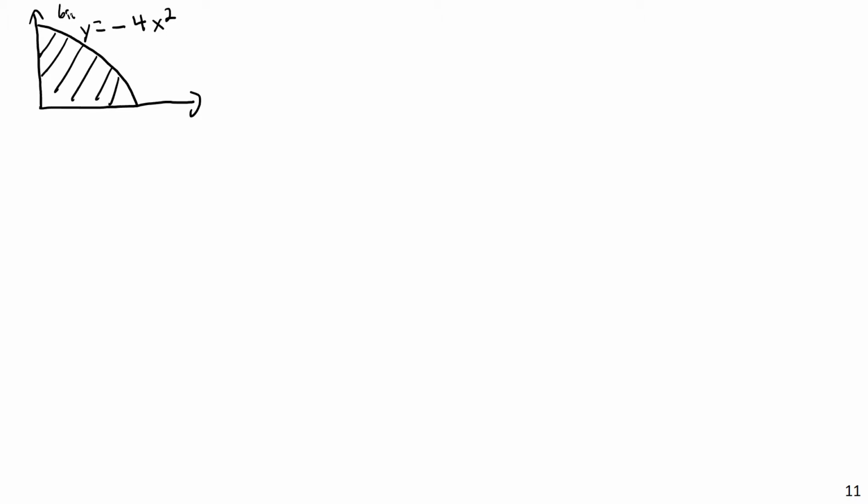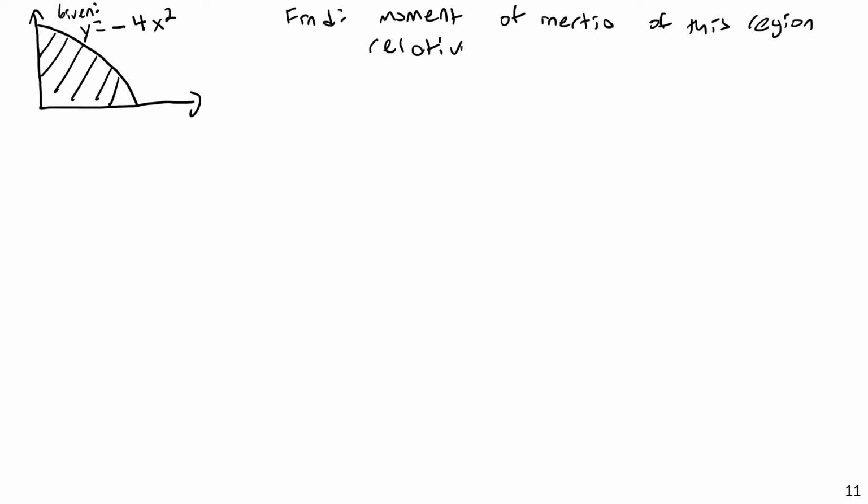I am asked to find the moment of inertia of this region relative to the x and y axes. And let's just say these are in units of inches, for example.